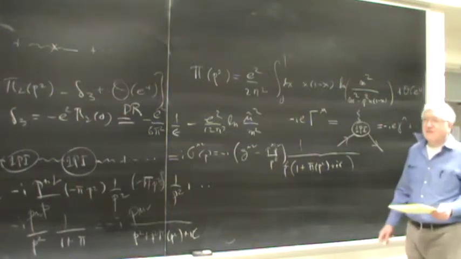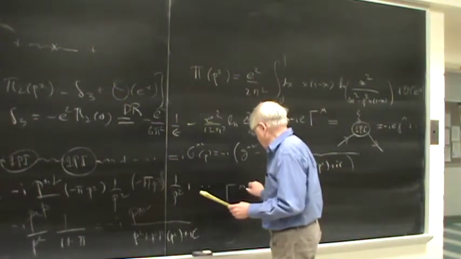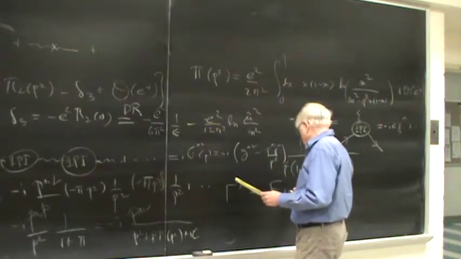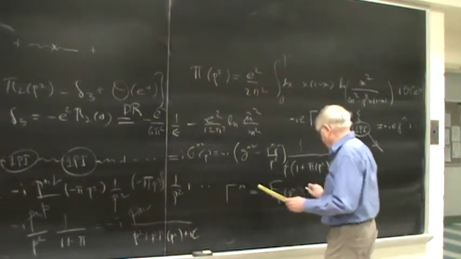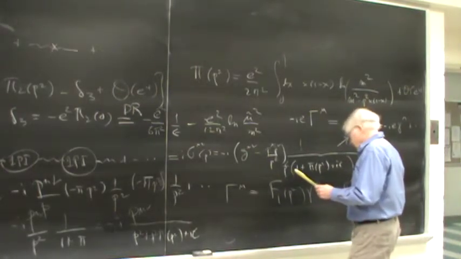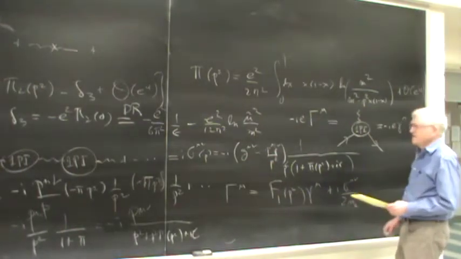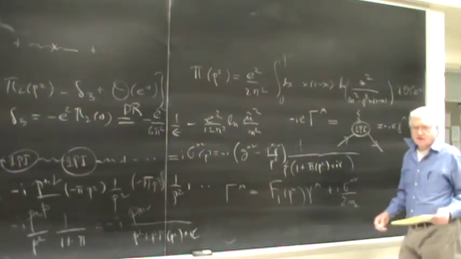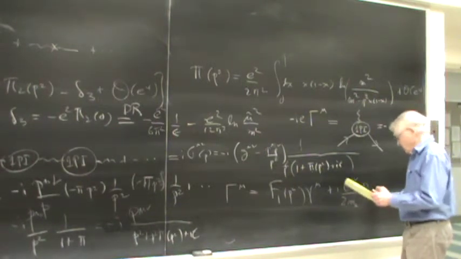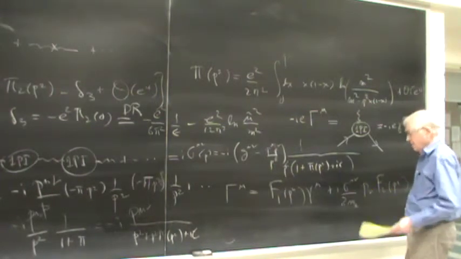Okay, now, back in a previous chapter, it was argued that gamma mu would have to be of this form: F1 of p squared gamma mu plus i sigma mu nu over 2m_e, mass of the electron. This m, of course, is m_e throughout. I dropped the e as well as the capital R. p nu F2 of p squared.